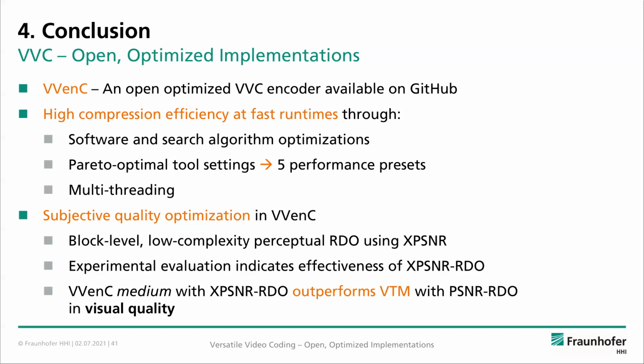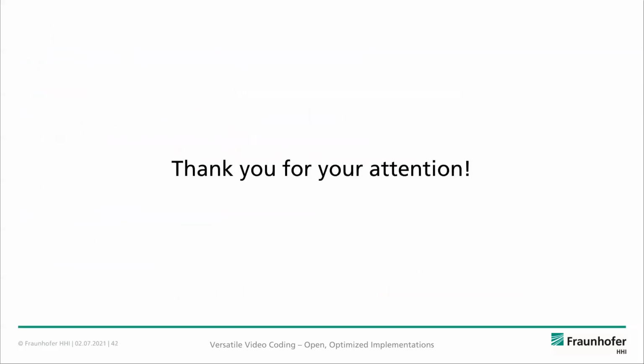The experimental evaluation was shown that indicates the effectiveness of that XPSNR based RDO. And as shown in the VVC verification tests, VVenC in its medium preset with that XPSNR rate distortion optimization and error control outperforms the VTM reference software with PSNR based RDO in visual quality.